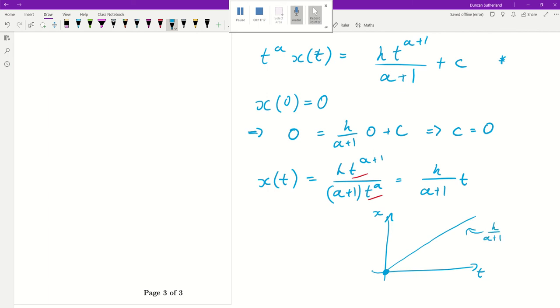And so if k is large, then the number of bacteria gets big quickly. If a is large relative to k, I should say, it'll grow more slowly like that, right?